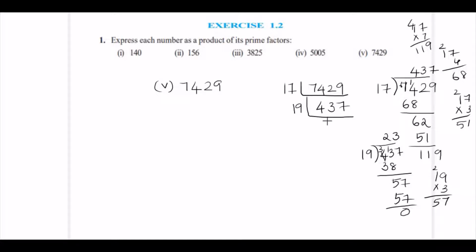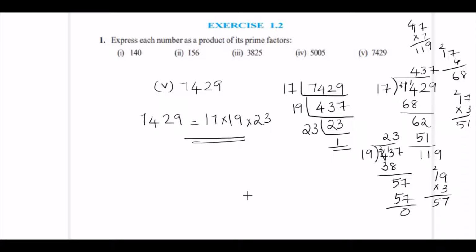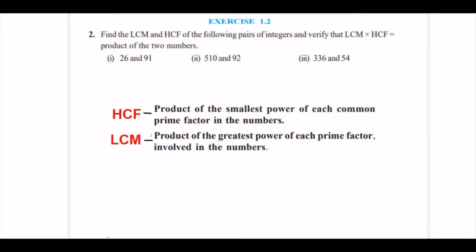So 19 is a factor of 437, and the other factor is 23. So the prime factors of 7429 are 17 into 19 into 23.